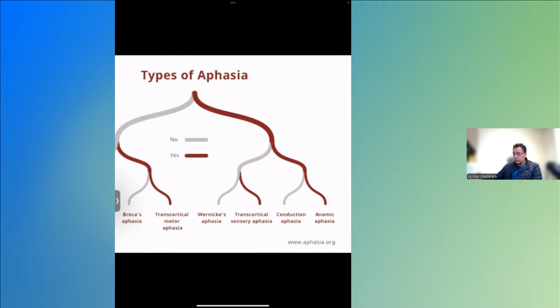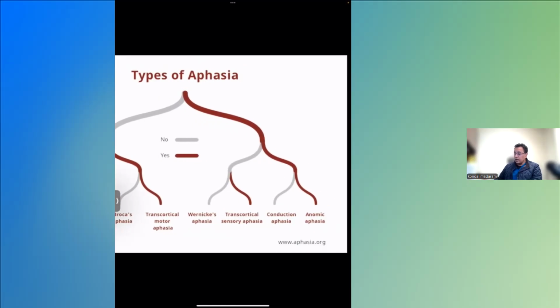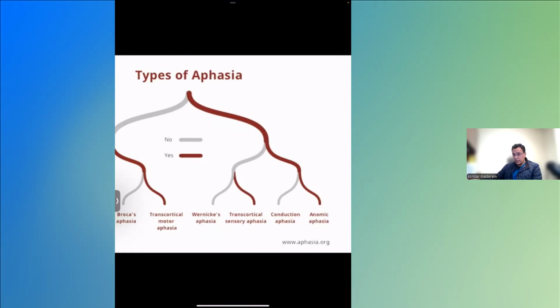A patient who is able to fluently speak, but is not able to comprehend and is not able to repeat, has Wernicke aphasia. A patient who is able to fluently speak and comprehend, but unable to repeat, has conduction aphasia.